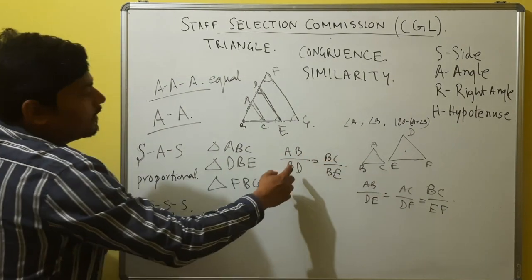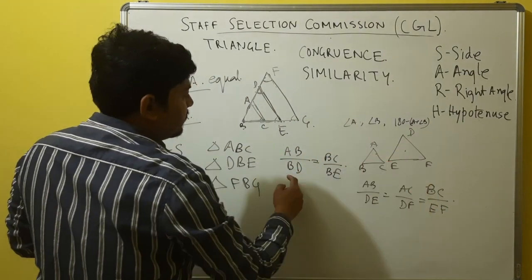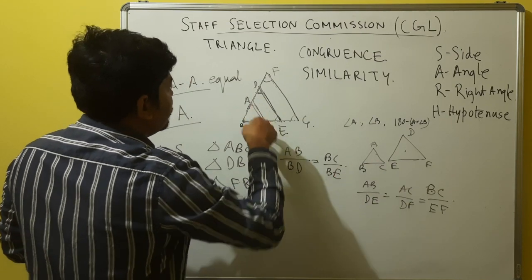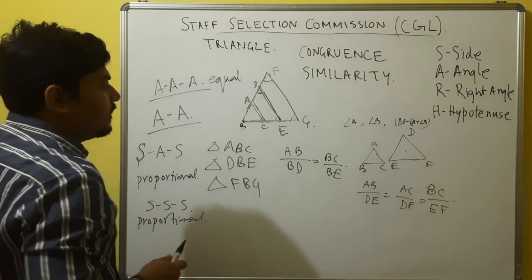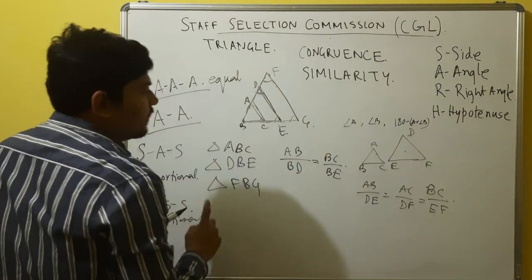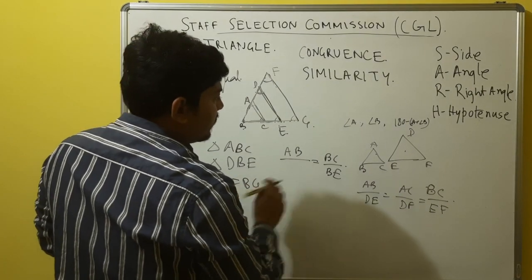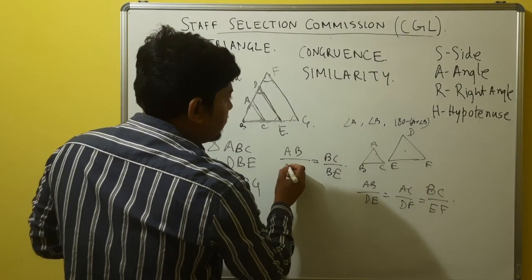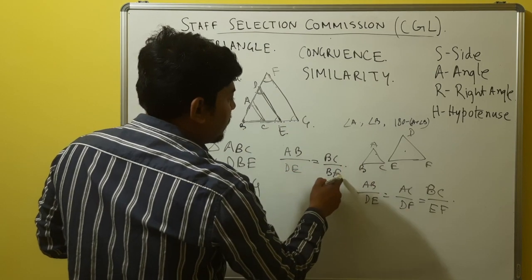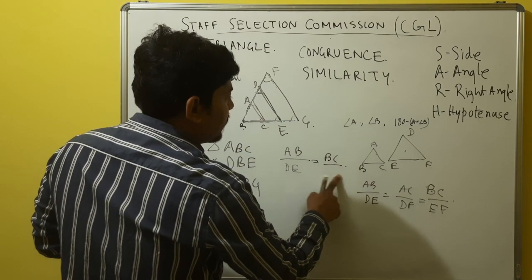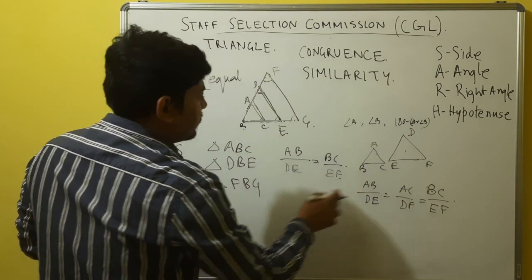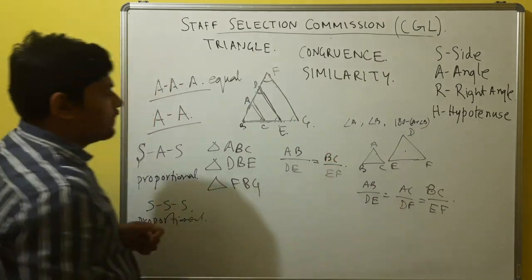If you see there, AB by DE and BC by EF. This diagram will be different, so let's take this example.